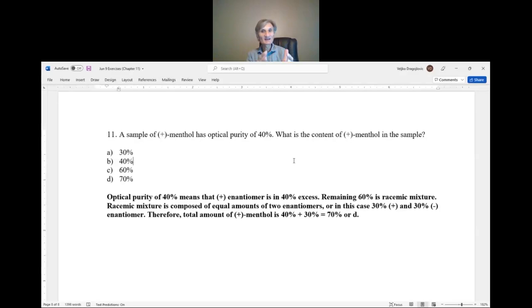And a racemic mixture is half plus, half minus. So those 60%, that means 30% plus, 30% minus. And so if you are looking for the total amount of plus menthol, it's going to be 40% that it is in excess, plus another 30% that is part of the racemic mixture, a total of 70%. So that's the correct answer.